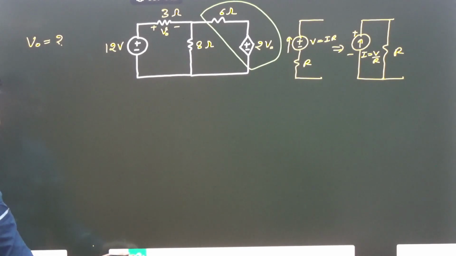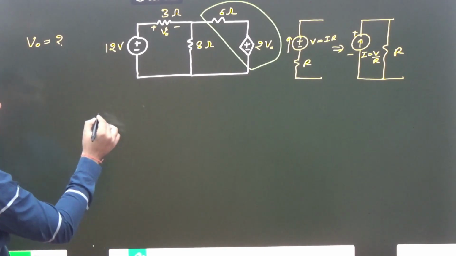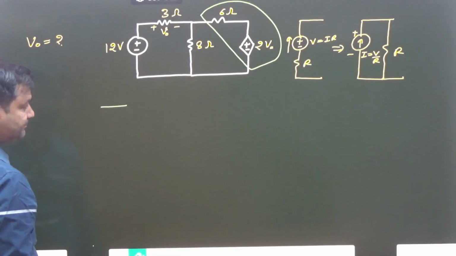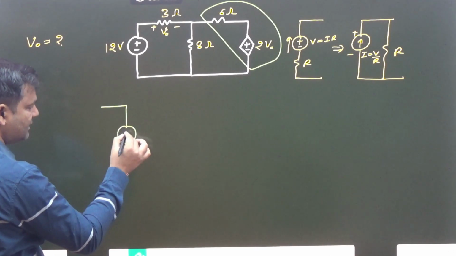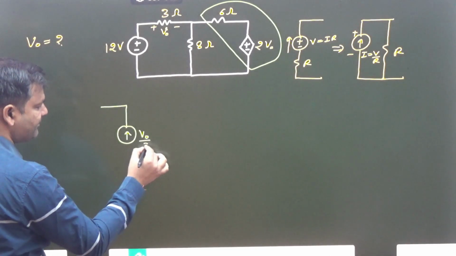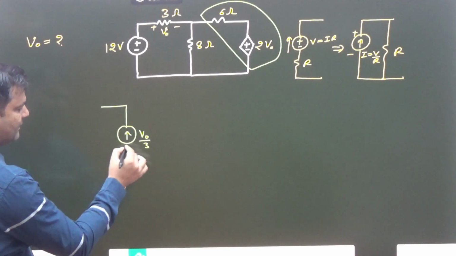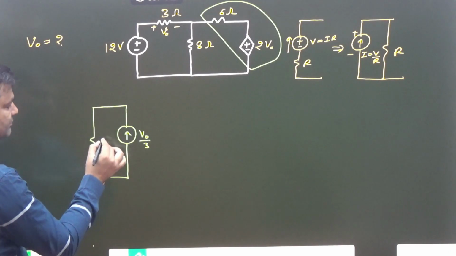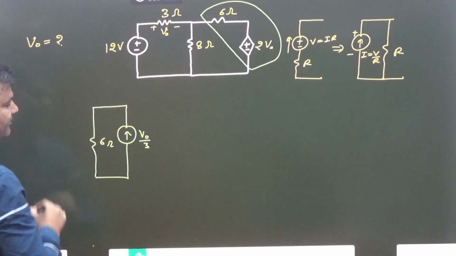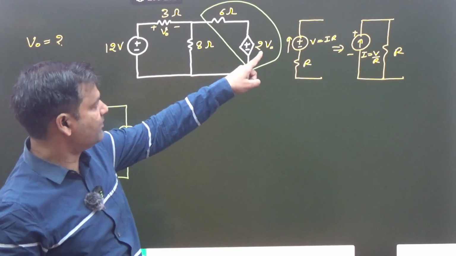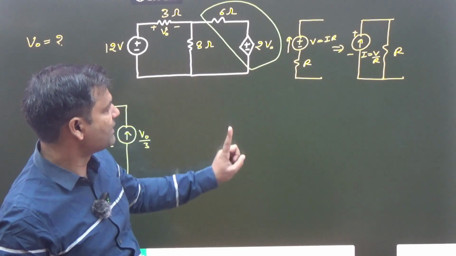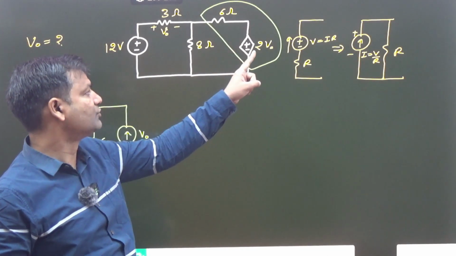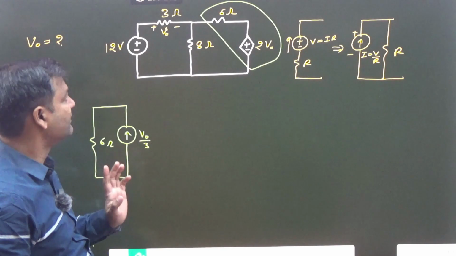First of all, 2 V naught divided by 6 is V naught by 3, and this is 6 ohm. What about the current direction? Here positive, negative, so the current leaves from the positive terminal, so the current direction is upward. 2 V naught divided by 6 is V naught by 3.